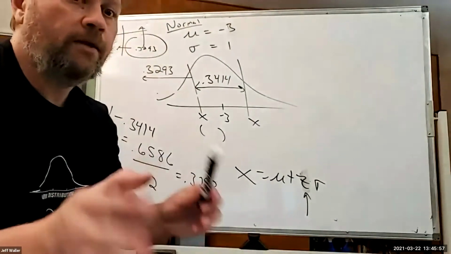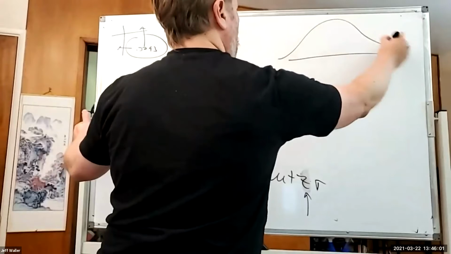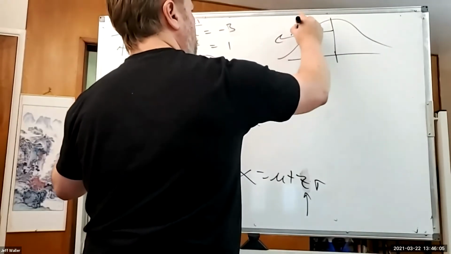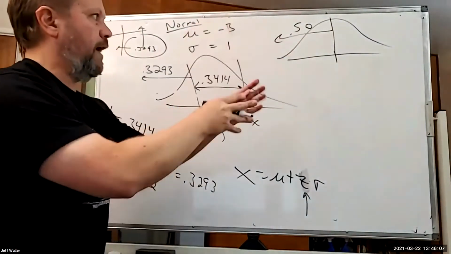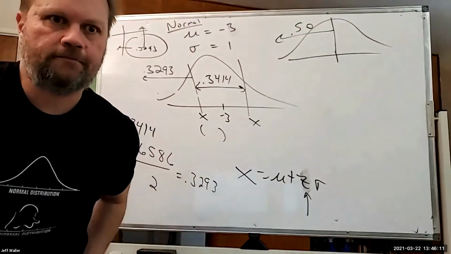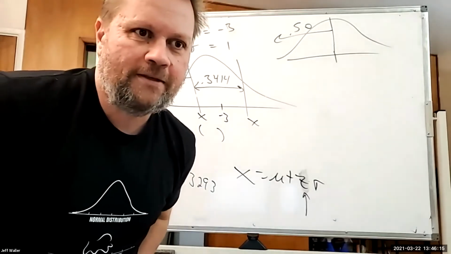So again, another way to look at that is, I really want this to make sense. What z-score has 50% below it? You should all know this. What z-score has half of it below it? You should know that. 0. I love it.